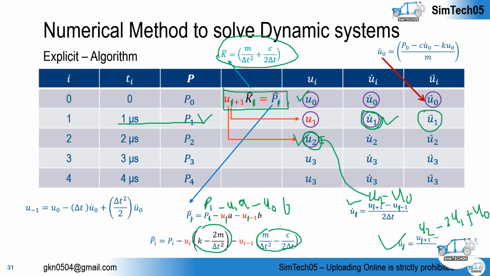So u2 is known, of course; minus 2 u1, u1 is known from here; and u0 is also known. So we can say the u double dot 1, or acceleration at the first increment, is known.